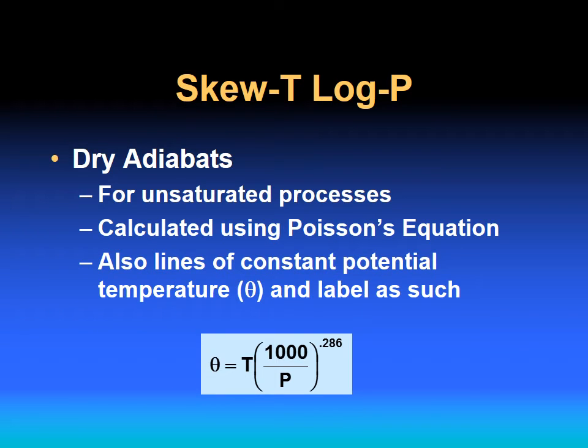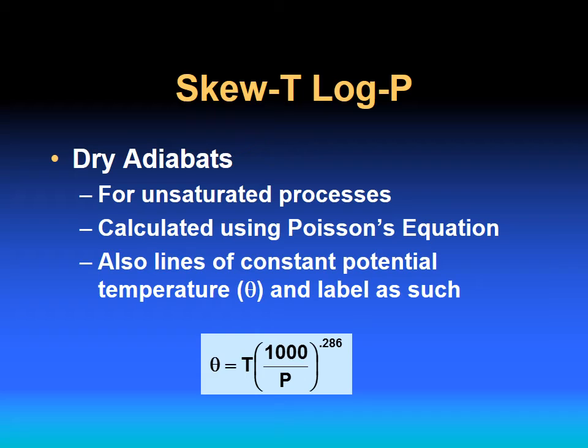Also, we have processes on this chart. We're looking at the dry adiabatic process. As the air rises or sinks, it's an unsaturated process if it is not 100% relative humidity. And as a result, we can use Poisson's equation to calculate these lines of constant potential temperature. You know that if you bring the air down dry adiabatically to 1,000 millibars, that's its potential temperature.